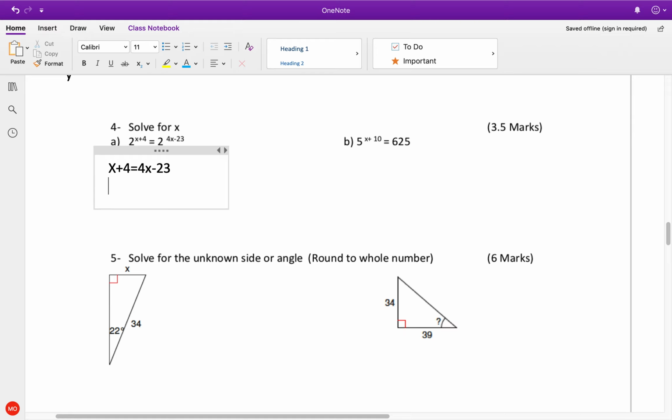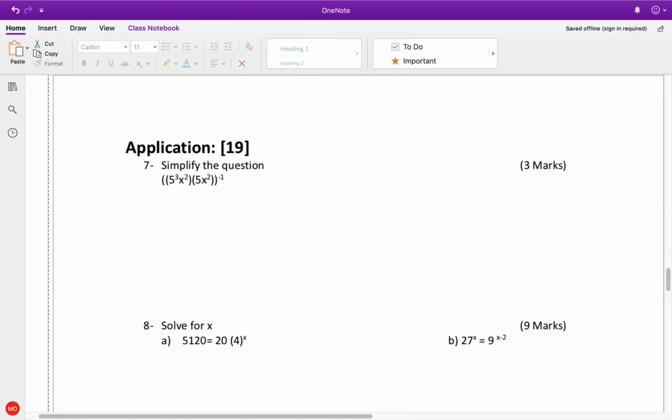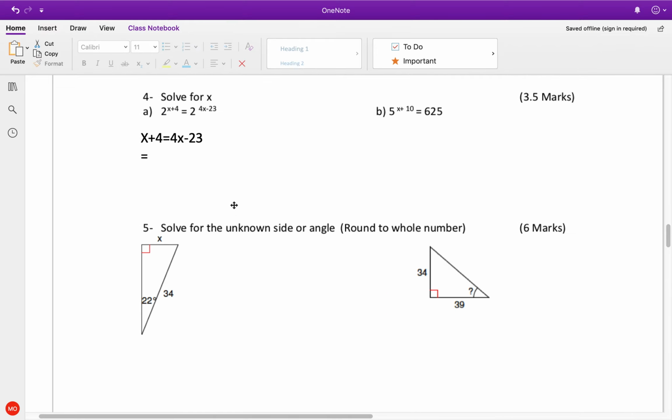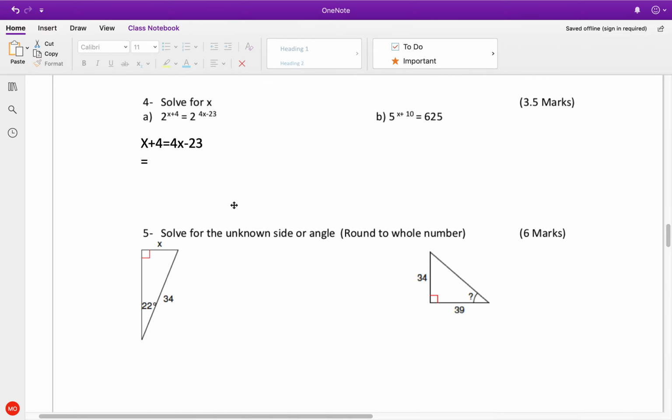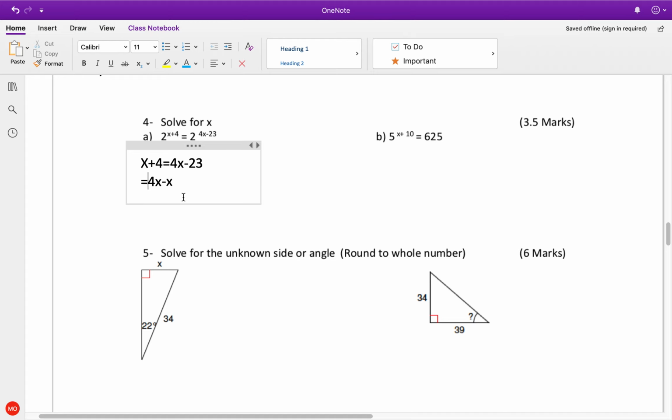I'm going to leave the 4x on this side and bring the other x over, so it's going to be minus x. And this side, I already have a 4, and I'm going to bring over 23, so it's going to be plus 23. Therefore, we have 27 equals 3x. And then we're going to divide both sides by 3.